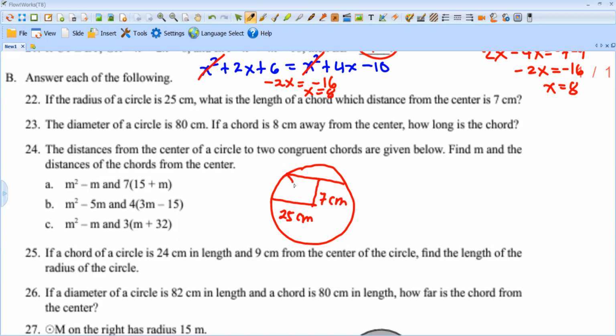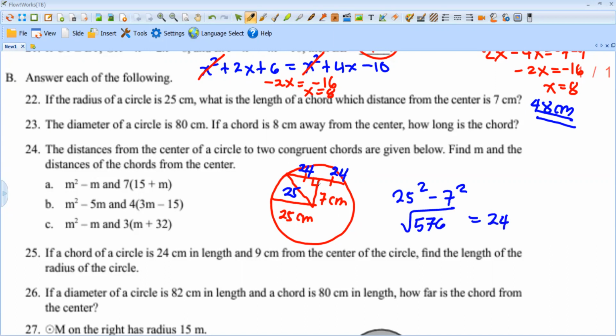So we are looking for this chord, right? We can solve this half first. If this is 25, this is also 25, because this is also a radius. So with 25 and 7, that would be 24, right? So this is 24. The length of the chord is 48 centimeters. Again, 25 squared minus 7 squared gives 576. The square root of 576 is 24, and 24 times 2 is 48.